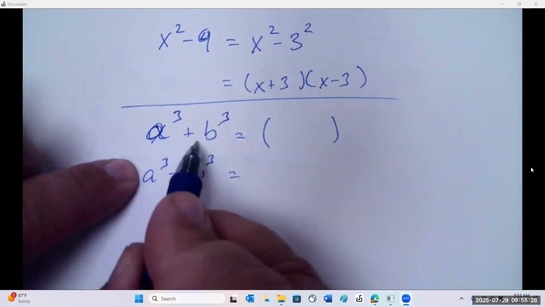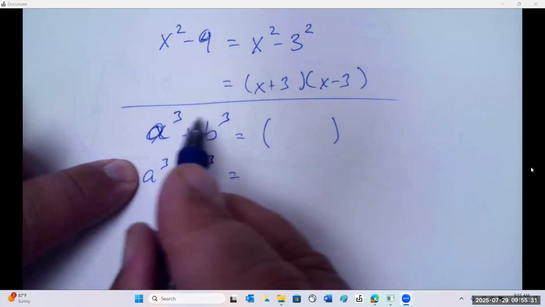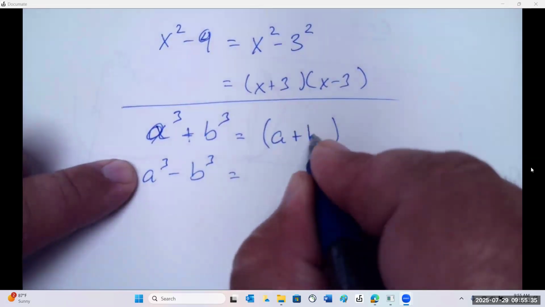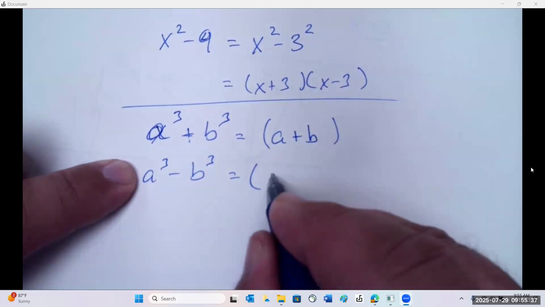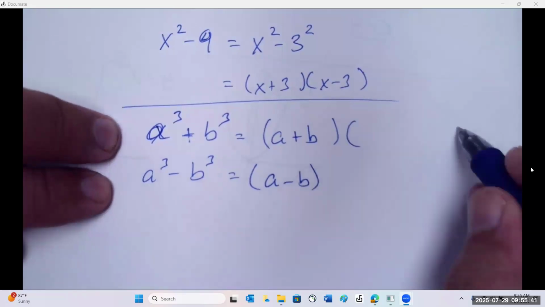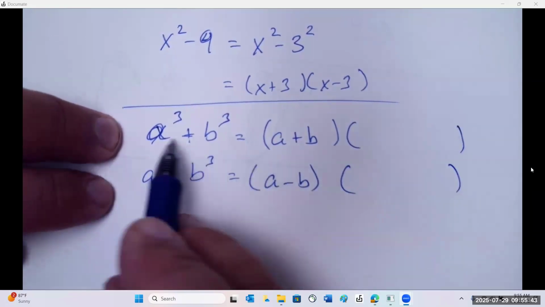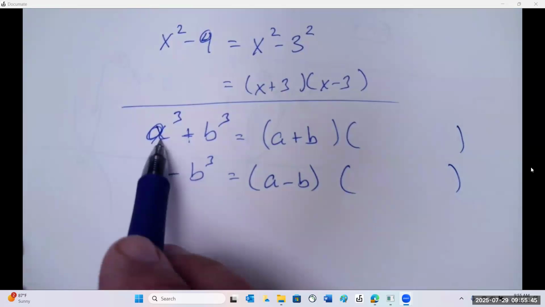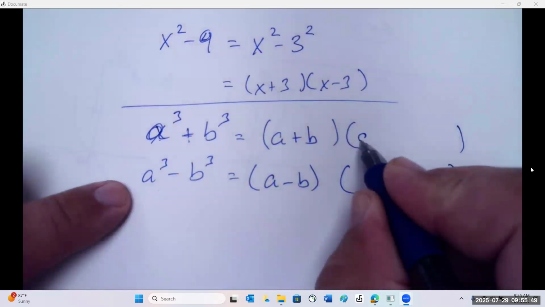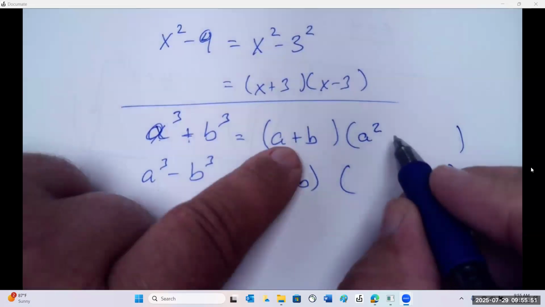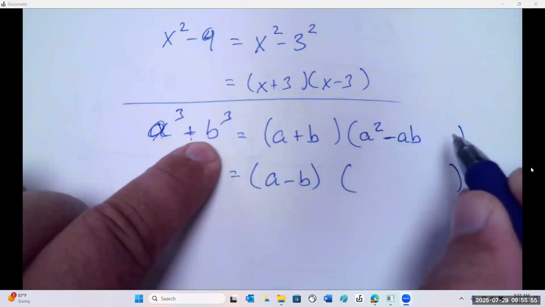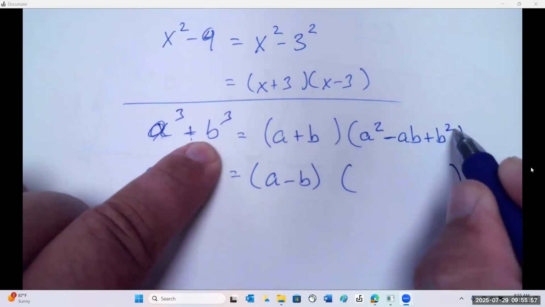If you have two numbers separated by plus or minus, and they're both cubic numbers, the first parenthesis is what's under there already: a plus b, or a minus b. In the other parenthesis, it's going to be the opposite sign. Both of those multiplied together plus the last one squared.